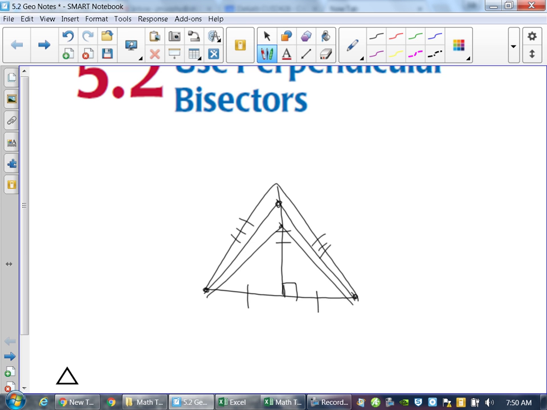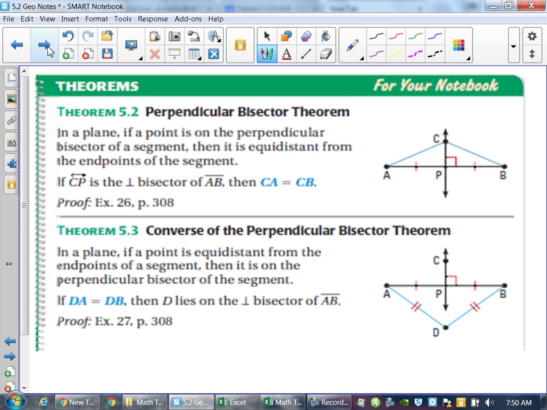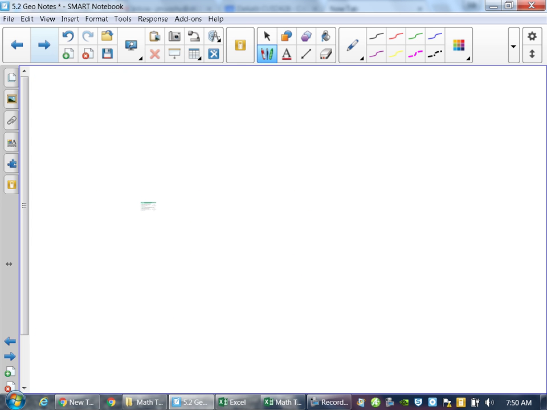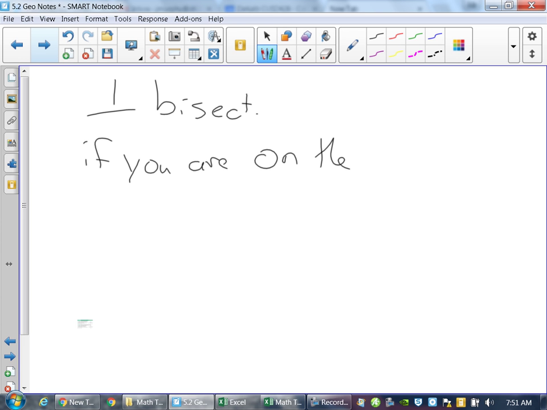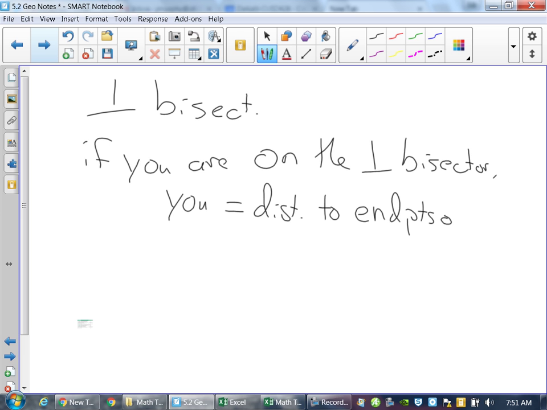Not really difficult, is it? So there's two different things. Perpendicular bisector: if you are on the perpendicular bisector, you are equidistant to the endpoints of the bisected segment.